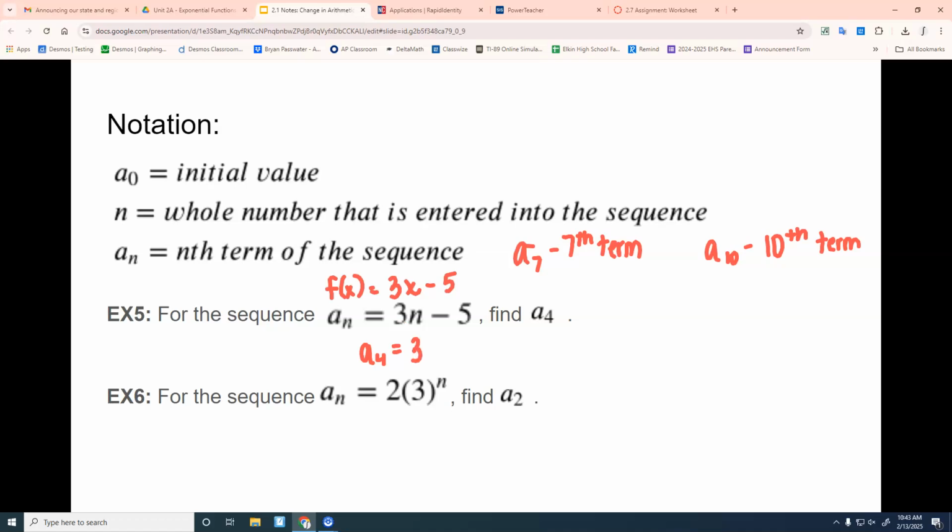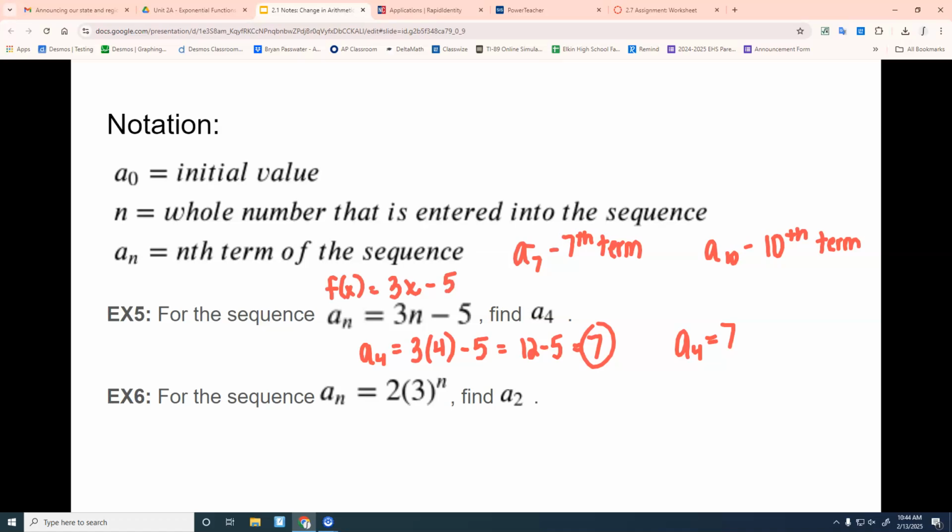So you've got 3 times 4 minus 5. You just replace your N with the 4. And so you will get 12 minus 5, which is going to be 7. So you could say A sub 4 equals 7. Or you can do a string of equal signs like I just did. That's fine as well.